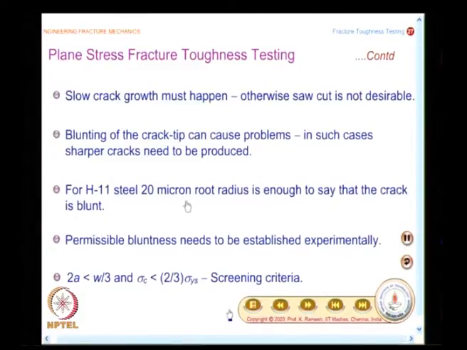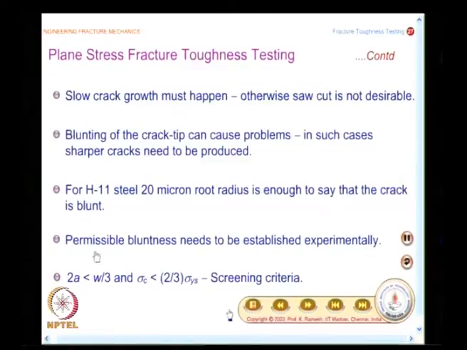If you have 20 micron root radius, the crack is blunt, which is not desirable. So, you should go for a much finer saw cut. Though a saw cut is sufficient, how fine it is depends on the material. You can get it by trial and error. And this also states that permissible bluntness needs to be established experimentally.